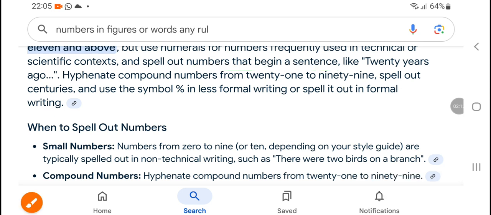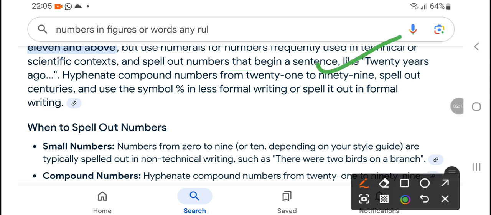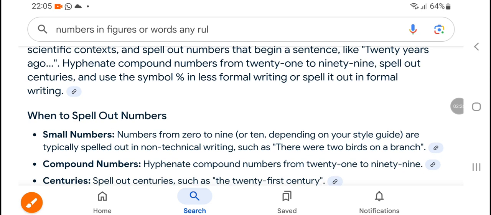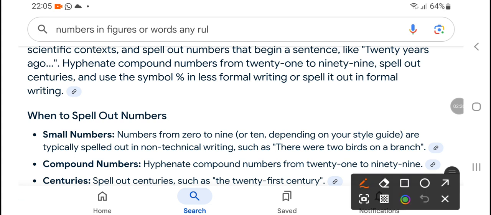Like in the example, 21 years ago. So 21 should be spelled out. Now, we hyphenate compound numbers from 21 to 99.